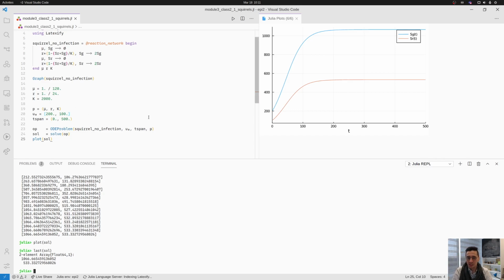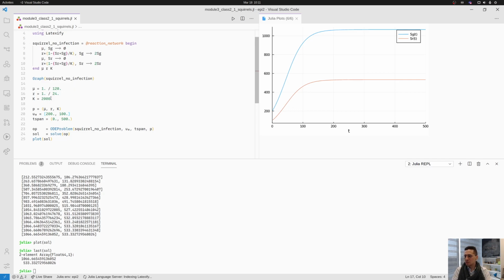That makes sense, right? We don't have any competition here. And so because we don't have any competition, they're just going to grow at the same rate until they occupy the same proportion of the carrying capacity. And the carrying capacity they seem to be reaching is 1,599-ish. That is because there is a rate of mortality, and so they're not reaching the full 2000.